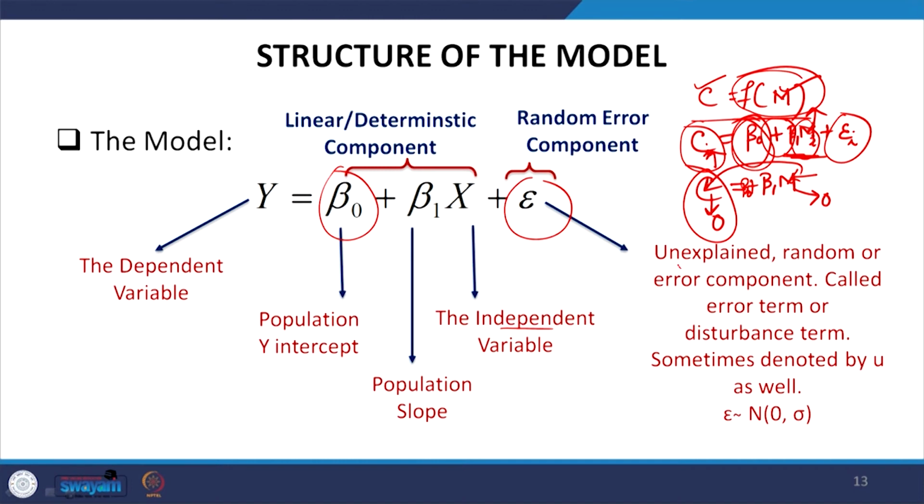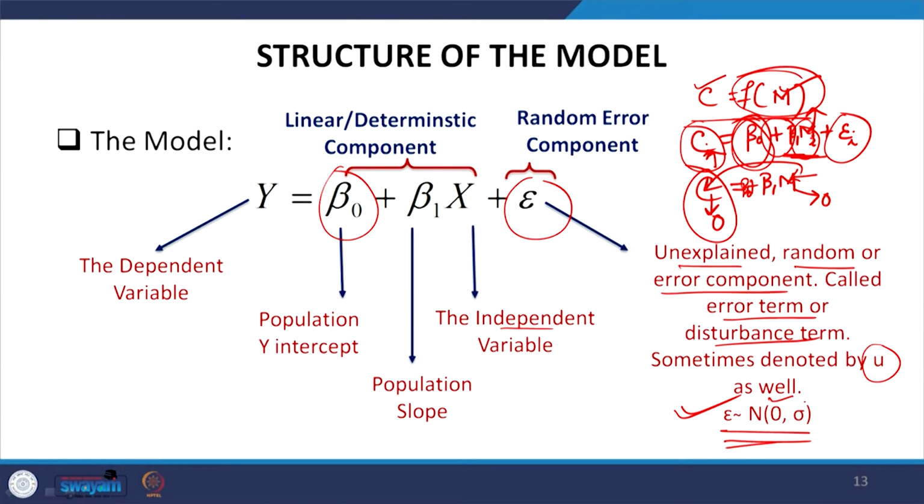So, the error term is called the unexplained random error component. This is also called the error term or disturbance term, sometimes denoted by u as well. And it has to follow a distribution. That is one of the important assumptions, and every time we are going to remind you during the lectures from now onwards, for all the models, how your error term is explained.